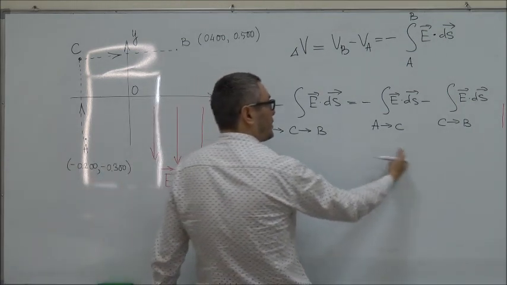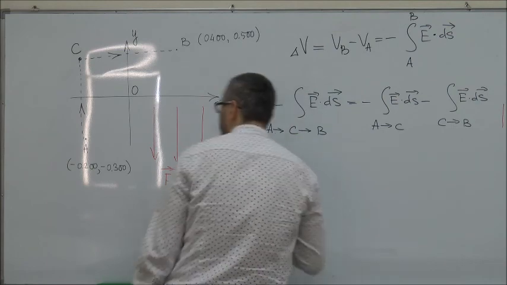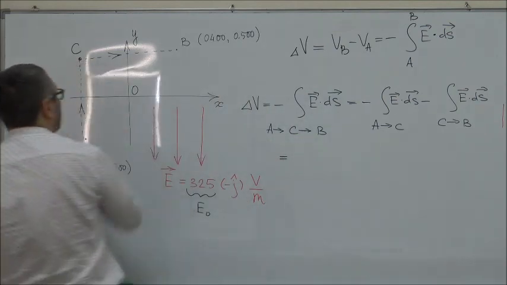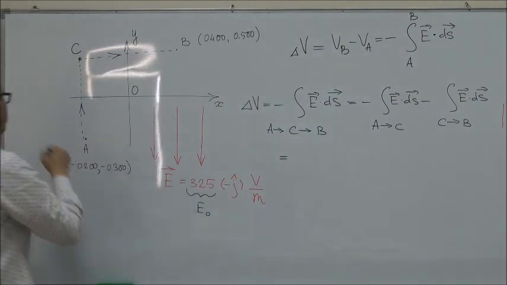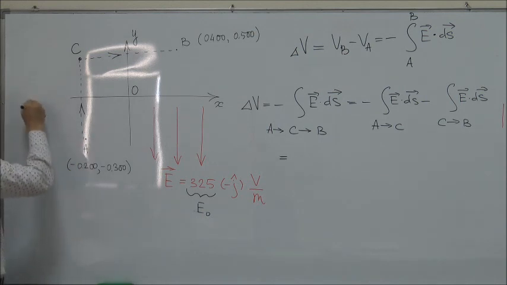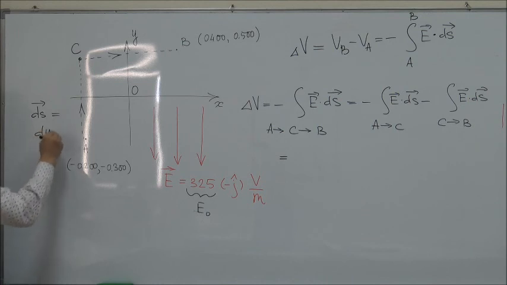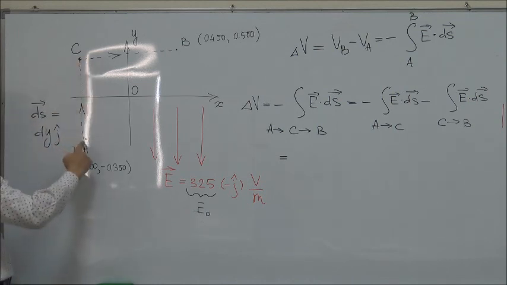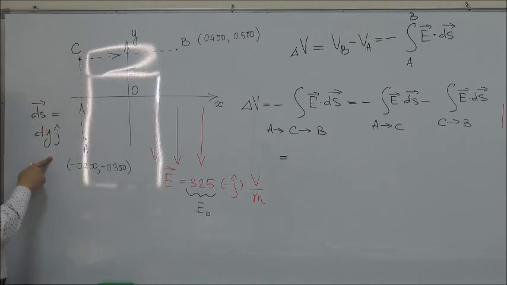Well, let's look at the first integral here, from A to C. From A to C, our displacement ds is actually equal to dy multiplied by unit vector j. So along the path AC, ds is just equal to dy j.